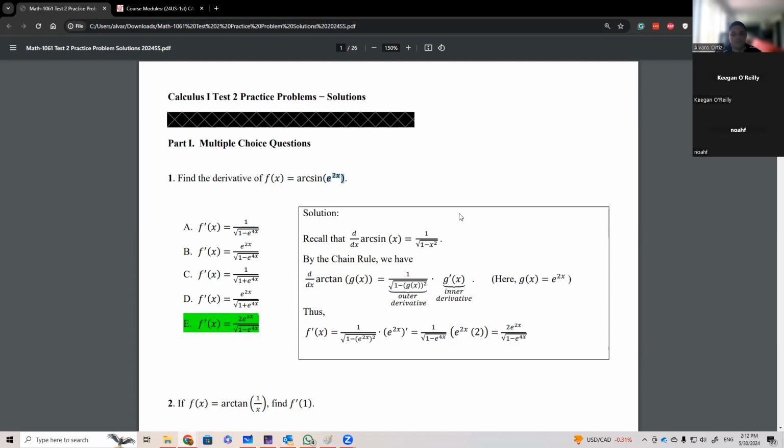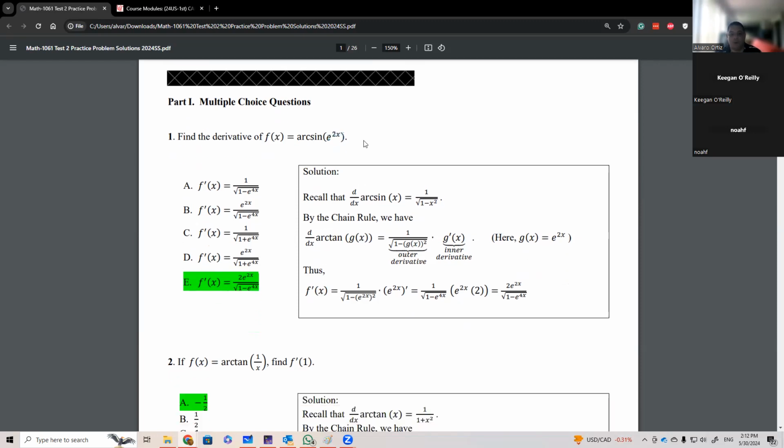If you recall the definition of arcsine, the derivative of arcsine is just 1 over the square root of 1 minus x squared. But because we have the chain rule, we're composing with whatever is inside of the function, which in this case is e to the 2x.